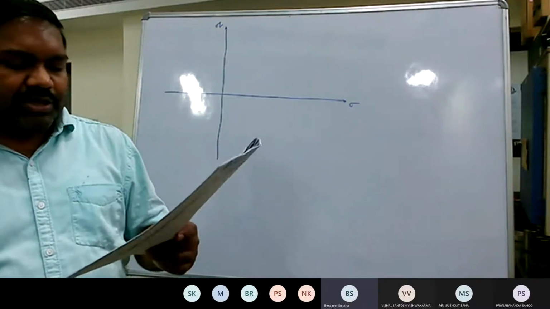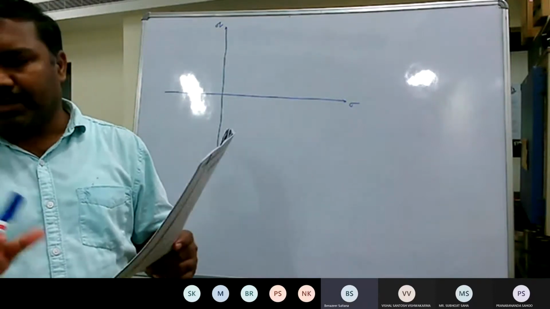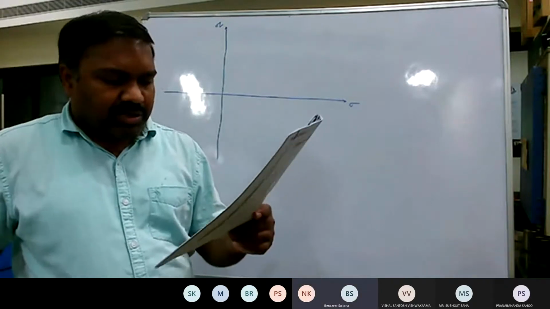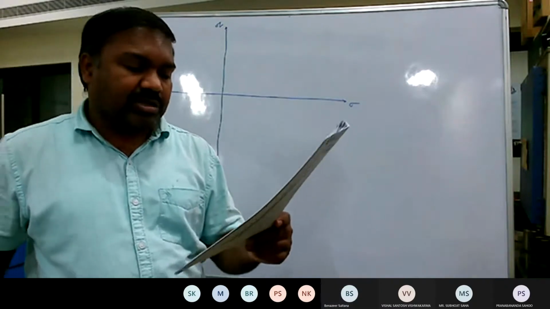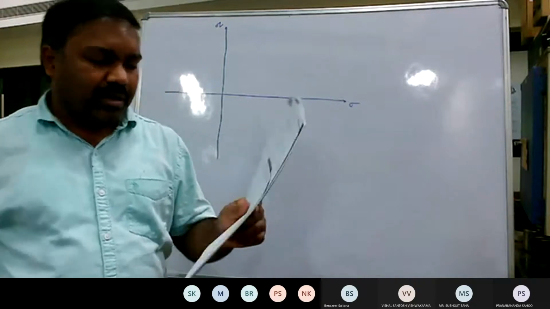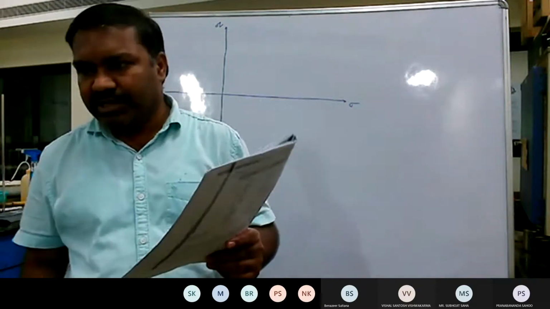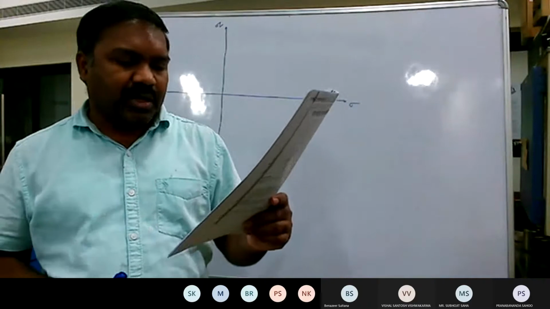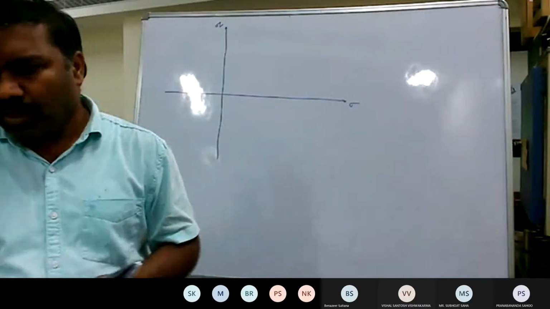So the stresses in the axial and lateral direction are in opposite directions. Similarly, the shear stress on the horizontal plane is in an anti-clockwise direction, while the shear stress on the vertical planes is in the clockwise direction.